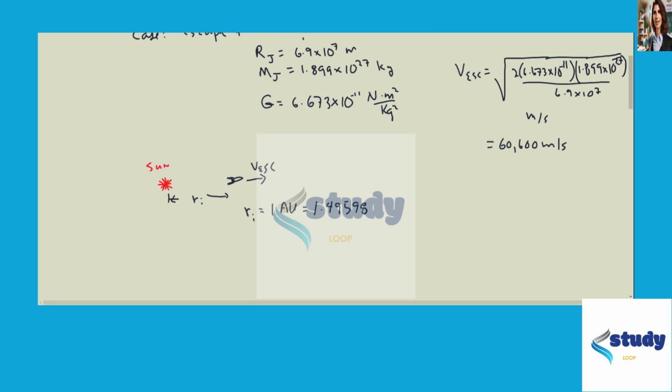We know that number quite accurately. And so we need the mass of the sun, which again is a fairly well-known number. And notice that we want both numbers in SI units of kilograms and meters.